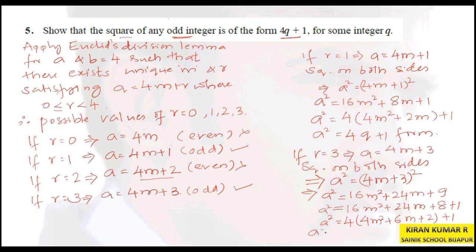So a square is 4q plus 1 form, where m is some positive integer. So by observing, you will be able to say that the square of any odd positive integer is of the form 4q plus 1, for some integer q.